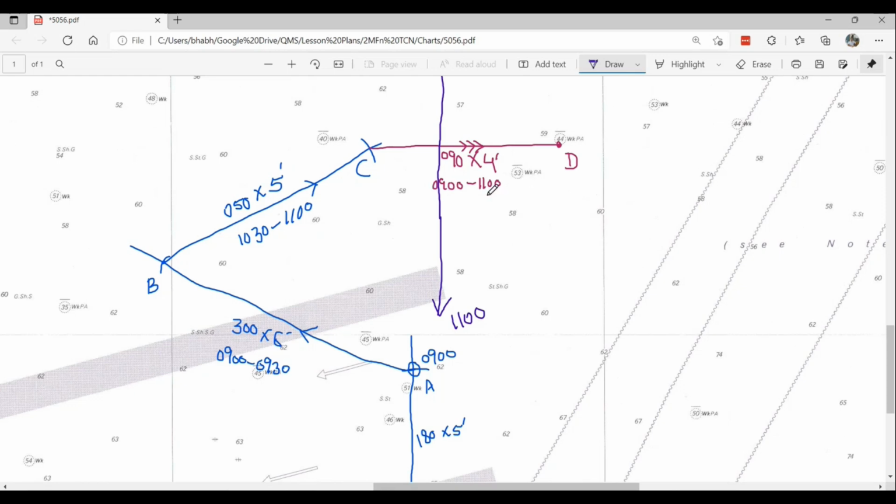The only thing that remains to be accounted for is our 9:30 to 10:30 course steered and engine distance. That is the only thing missing in our passage. Correct, beta? Is that right?